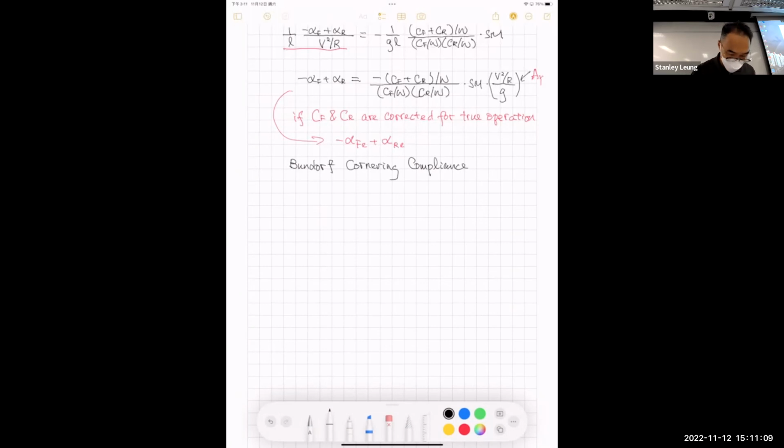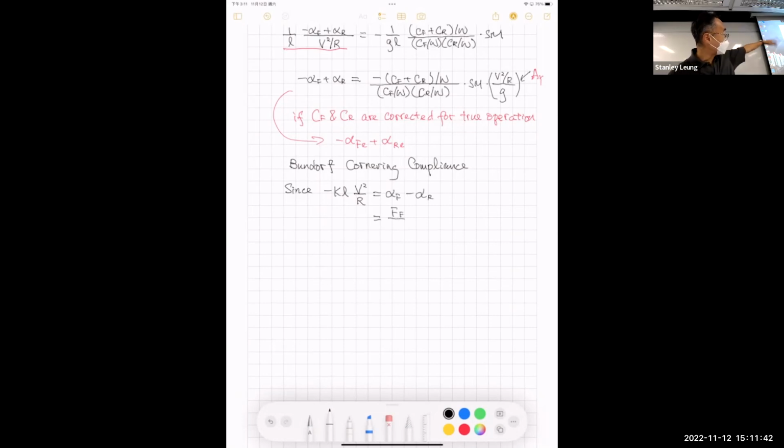Since we have minus KL V square over R equals, and this term can be converted to force.